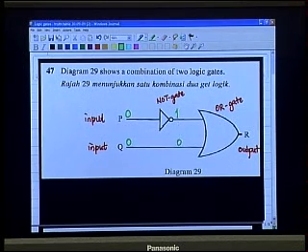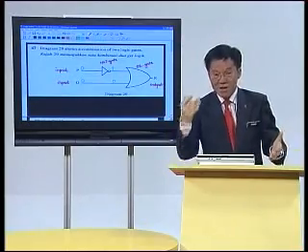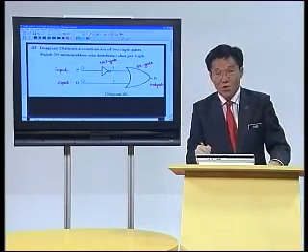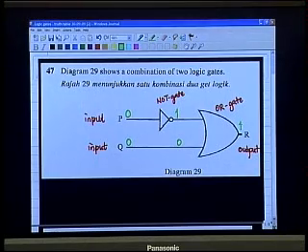I want to write it down in line so that I can follow. Now 1 and 0 going through an OR gate, it gives an output of 1. Because you have already studied, if it is 1, 0 or 0, 1 for an OR gate, it is 1. Alright. So the next one, let's take a look now.